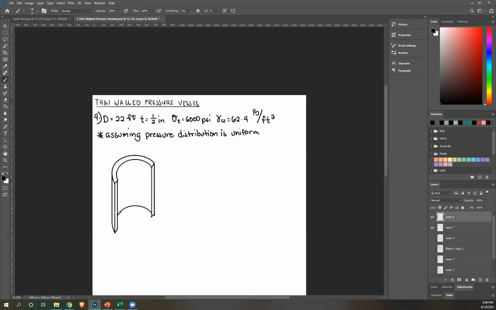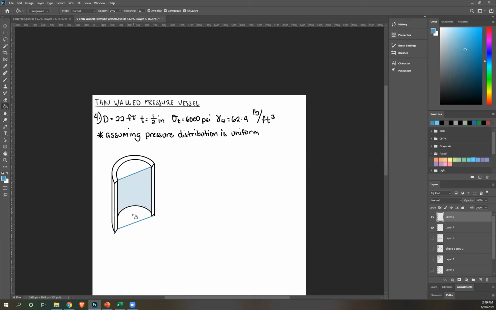All right. So this is a cross section of our cylinder, right? What happens here is, since we're assuming pressure distribution is uniform, instead of having maximum pressure at the bottom, the pressure is just the same everywhere else. So we're going to have a projected area for our pressure.